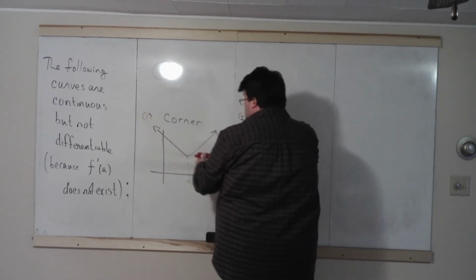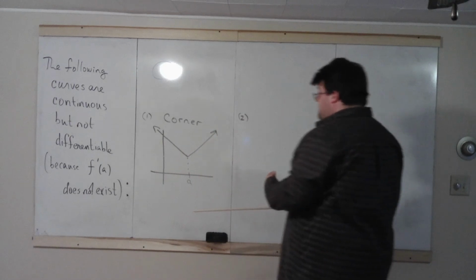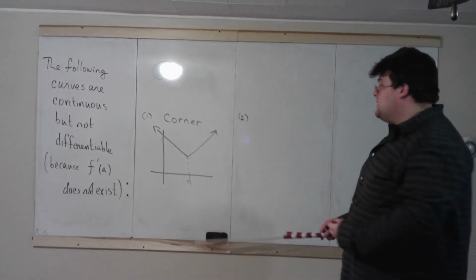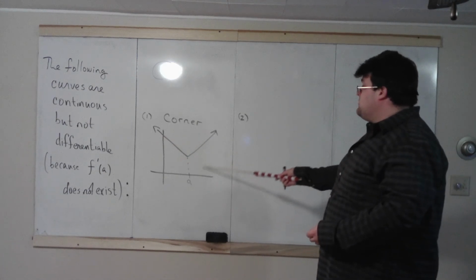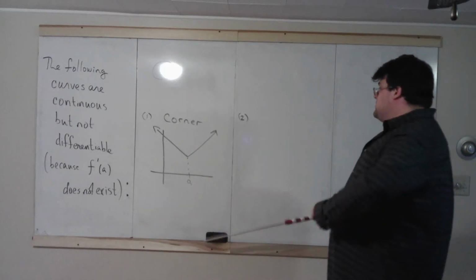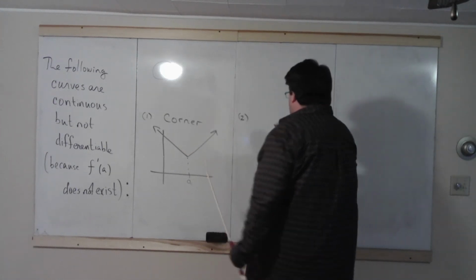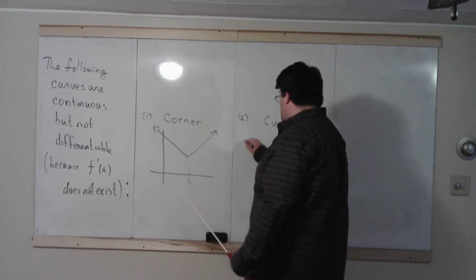On the right and left, it doesn't approach 0 on both sides. These are both, like a +1 or a +10 slope, and a -1 or a -5 slope or something. But we call that a corner.